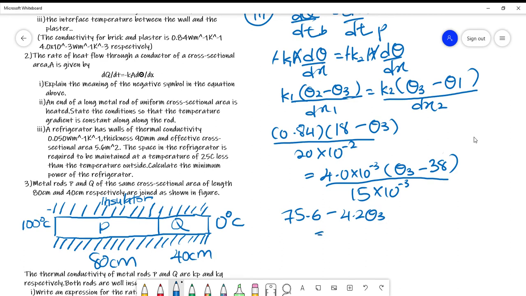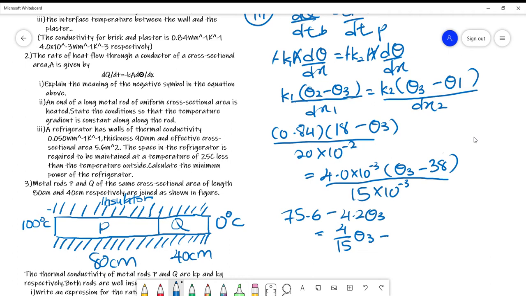Now the other side: this is 15 times 10 to the power negative 3, so this one will be 4 over 15 theta 3 minus 4 over 15 times 38.